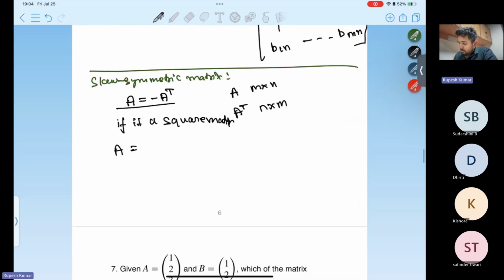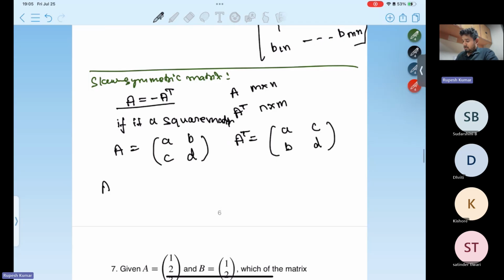Let's say we have a matrix A, B, C, D. Let's write A transpose as A, C, B, D. Now I'm saying A equals minus A transpose. This means A at row i, column j equals minus A transpose at row i, column j.